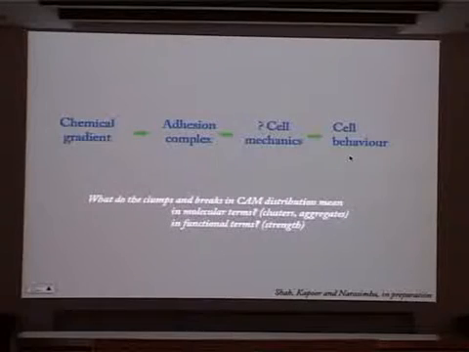So what one can conclude from this is that a chemical gradient is sufficient to deform cell behavior, but it appears to do this through its influence on the adhesion complex, and possibly through its influence on the mechanical properties of these cells.